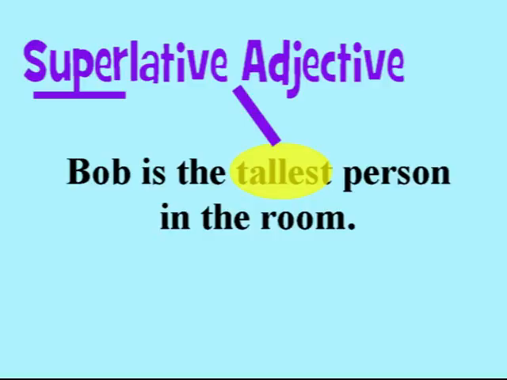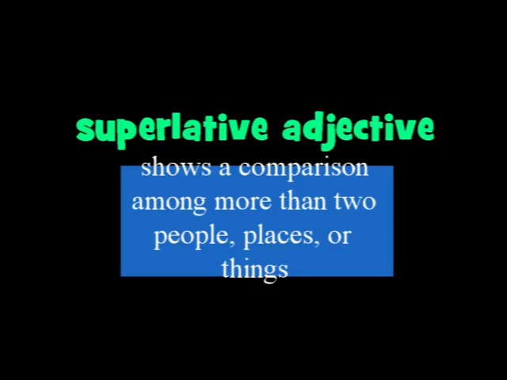Super is a word that means of the highest degree, so the word superlative is a good name for this kind of adjective. A superlative adjective shows a comparison among more than 2 people, places, or things. Remember this part forever. More than 2 people, places, or things are compared using a superlative adjective.